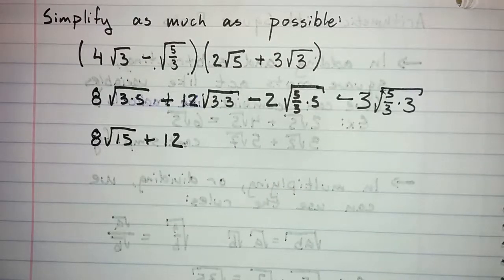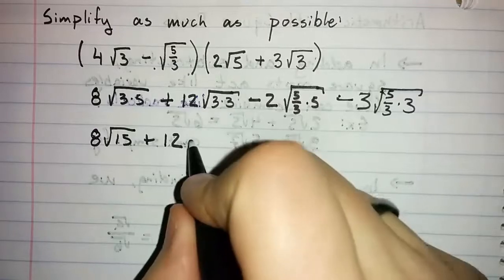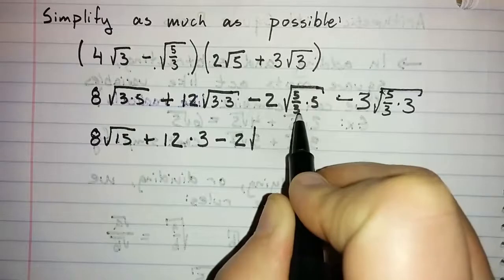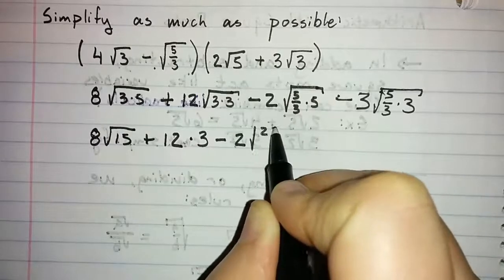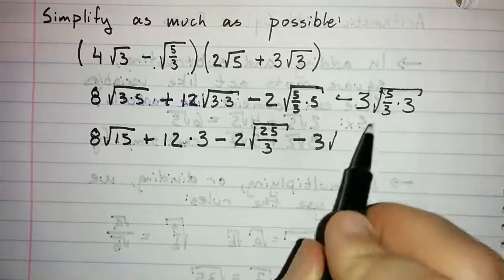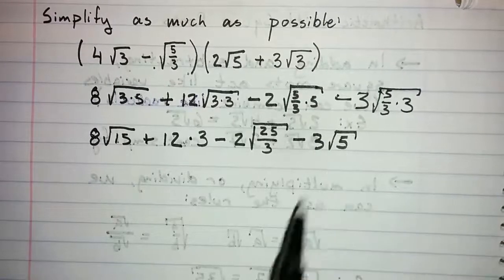The square root of 3 squared is certainly 3. We could find out that that's 9, and the square root of 9 is 3. Minus 2 root 5 thirds times 5 will be 25 thirds. 3 root 5 thirds times 3 will just be 5.